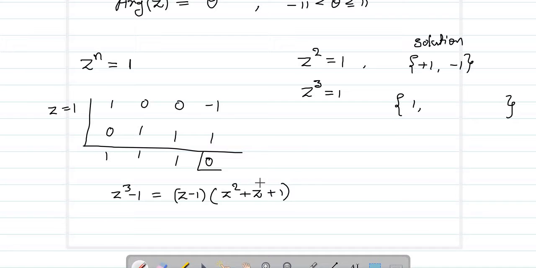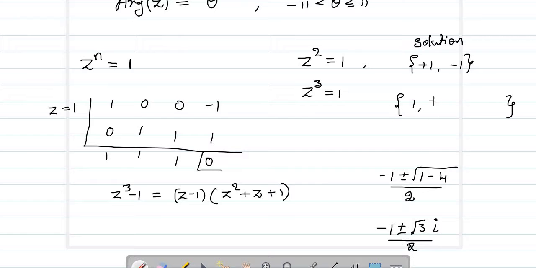Now it is a quadratic equation. Now you know how to find its roots: minus b plus or minus square root of b square minus 4ac. So when you take it, this is going to be minus 1 plus or minus root 3i by 2.